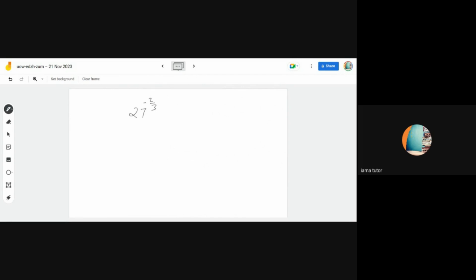We already know that if you have a negative sign on the power, you can rewrite it as the reciprocal of that same base with a positive index.